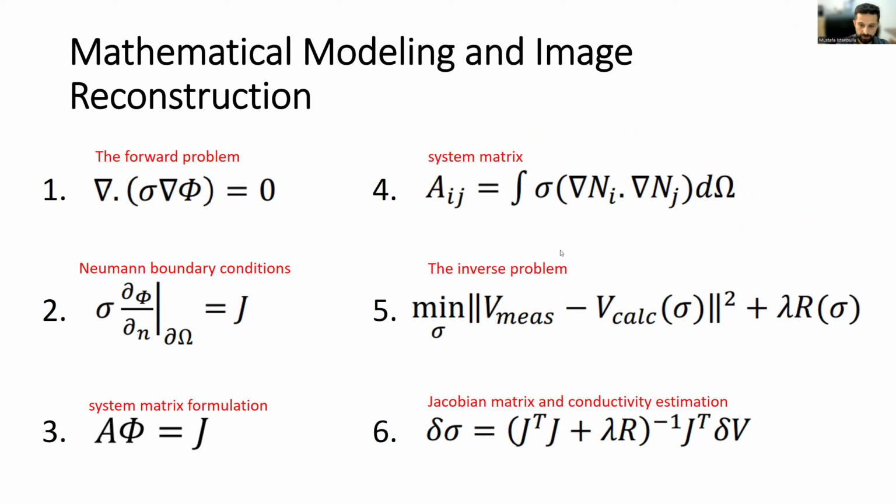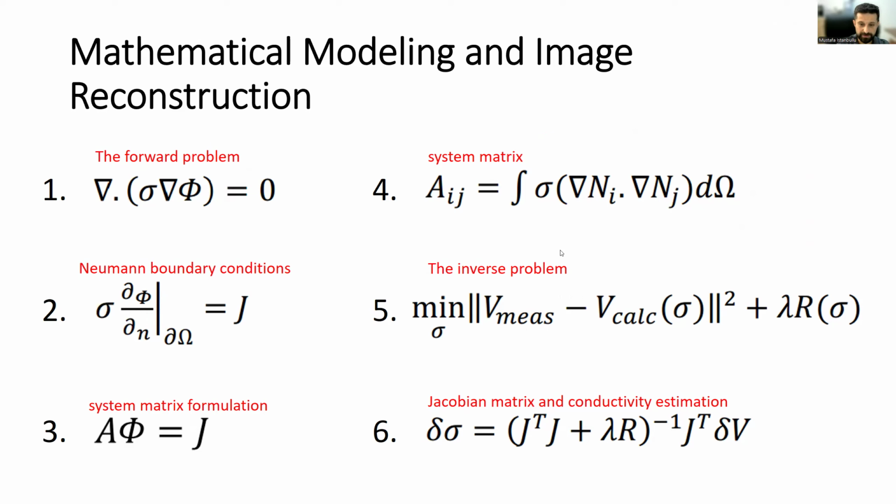The resulting voltage distribution is calculated with the system matrix formulation as given in equation 3, where A is the system matrix, P is the nodal potential vector, and again J represents the injection currents.